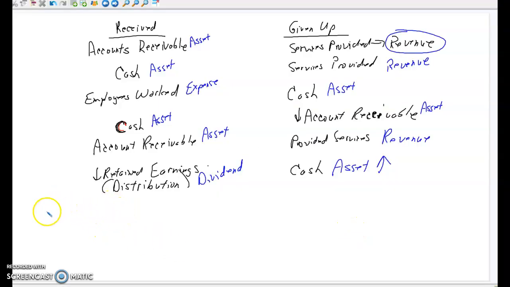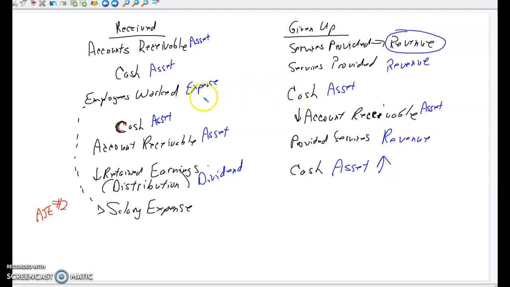So this one, I mean, it is an adjusting journal entry, but it's easy enough just to figure it out with this, because what we're receiving, right, is that the employees worked, but we haven't paid them. So employees worked, that's going to be salary expense.